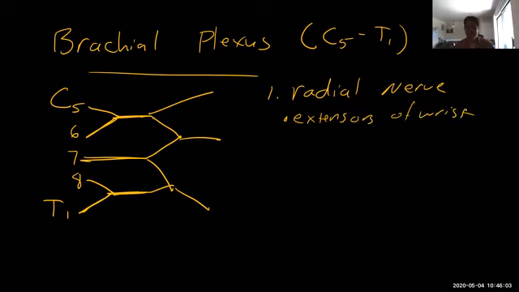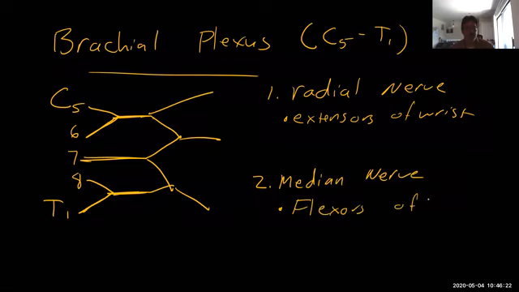What that means, it allows you to extend your wrist like this. The next nerve is the median nerve. And the median nerve goes to the flexors of the wrist. And the flexors of the wrist allow you to flex the wrist.